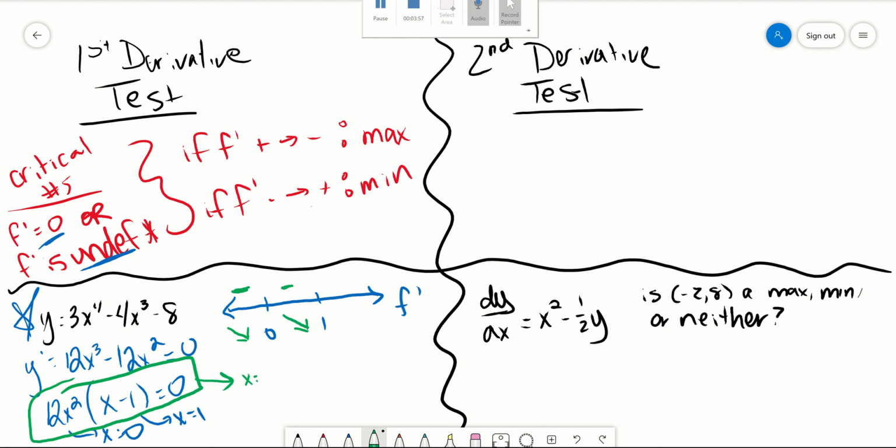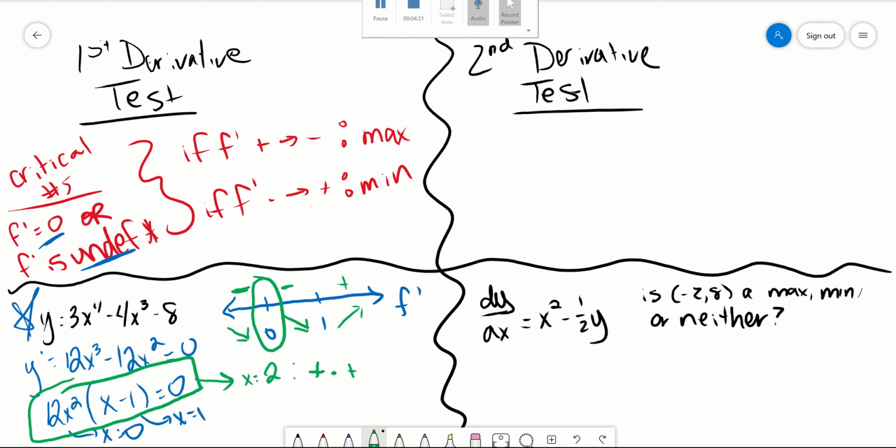Now if we plug in like 2, when you plug in 2, 12x squared is always positive, but now x minus 1 is positive as well. So that means this would be increasing. So this is just a critical number. It's not changing from positive to negative or from negative to positive.